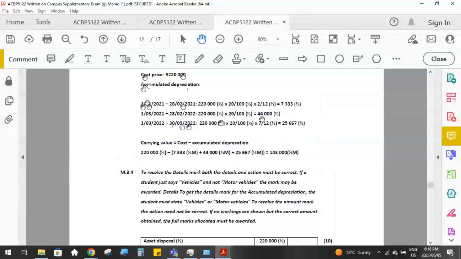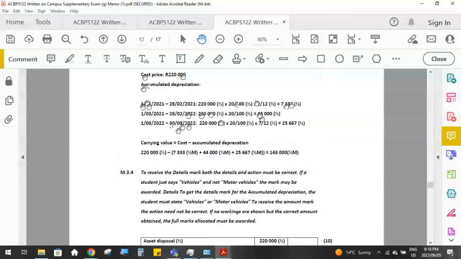Our year end is the 28th of February. So the first year we owned it only for 2 months. So 220 times 20% times 2 over 12, that would have been the first year's depreciation. Then from March 21 to February 22, it is a full year's depreciation. So 220 times 20% is 44,000.